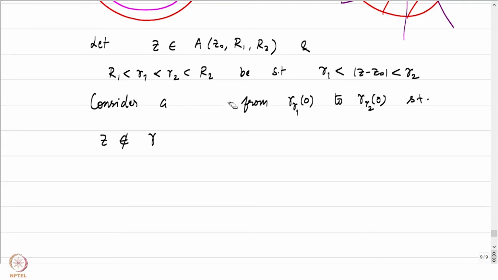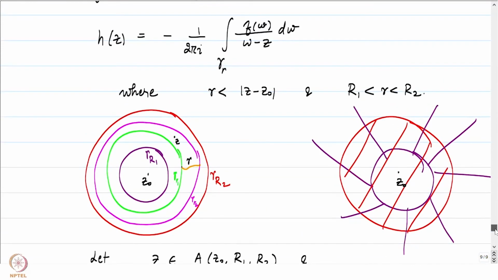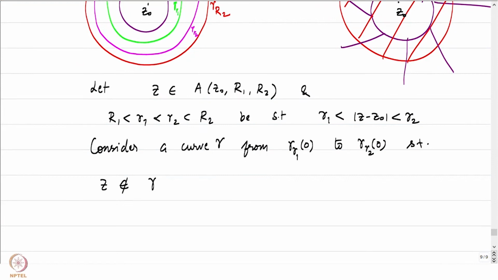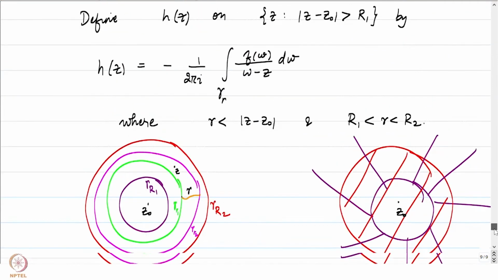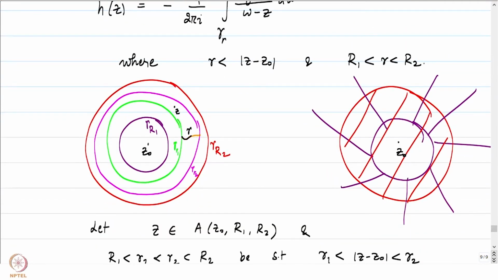Too many gammas, maybe I should change it to something else, or maybe not. Consider a curve gamma. So remember what the curve is. This is our curve gamma, connecting gamma small r1 of 0 to gamma small r2 of 0.